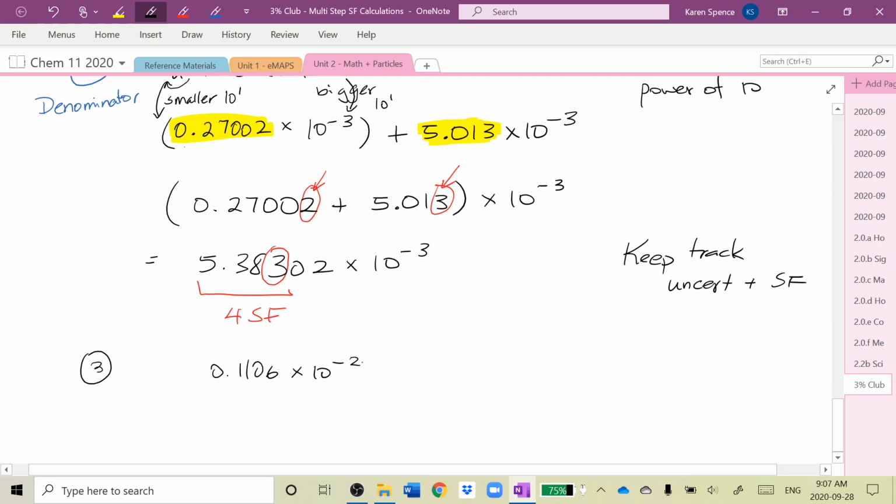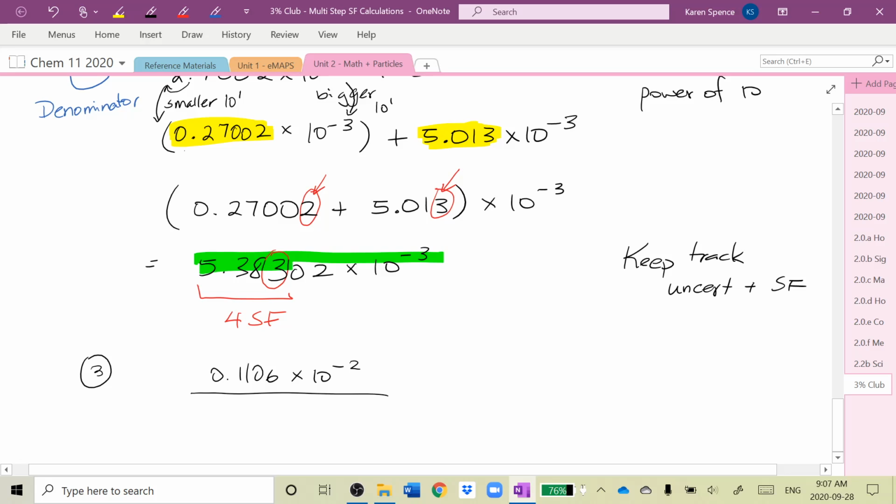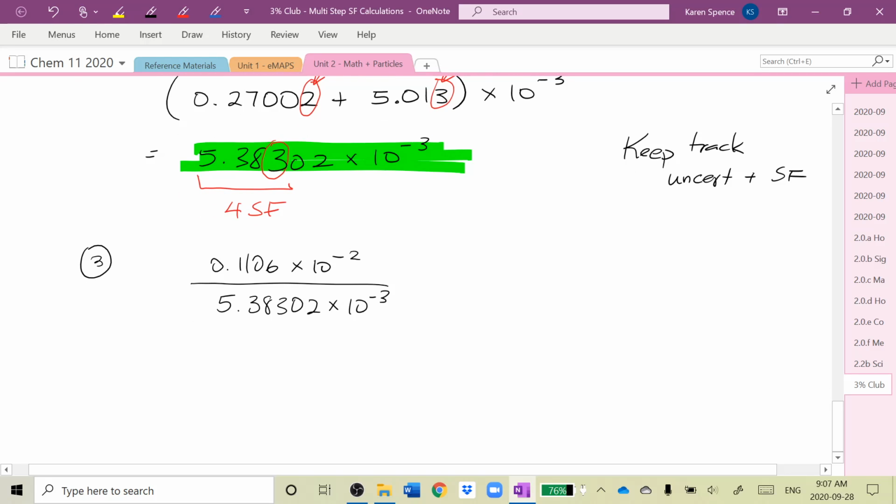I'm going to try turning it around and seeing if that helps. Times 10 to the negative 2, that's our numerator. And our denominator, oh, we just solved for that. Here's our denominator. Okay, and we're going to put that on the bottom. That is 5.38302 times 10 to the negative 3. Okay, there we are. And we'll do that division.